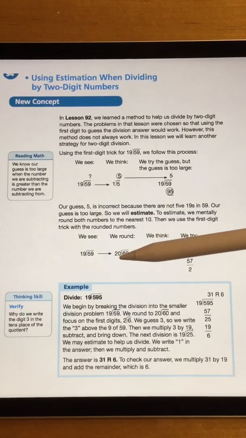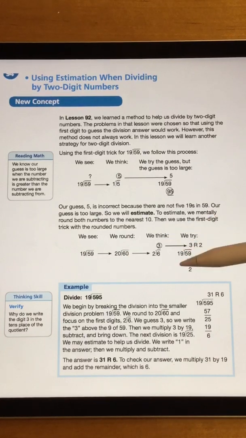So we can go, okay, 2 goes into 6 3 times. So we can estimate that 19 will go into 59 about 3 times.